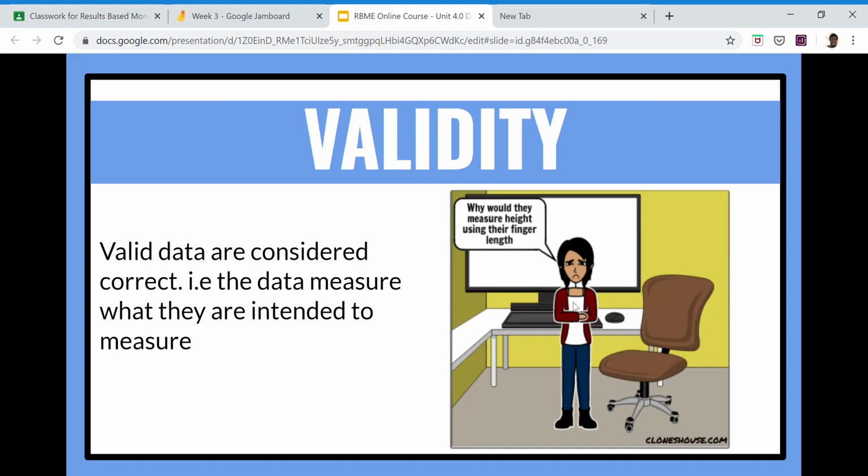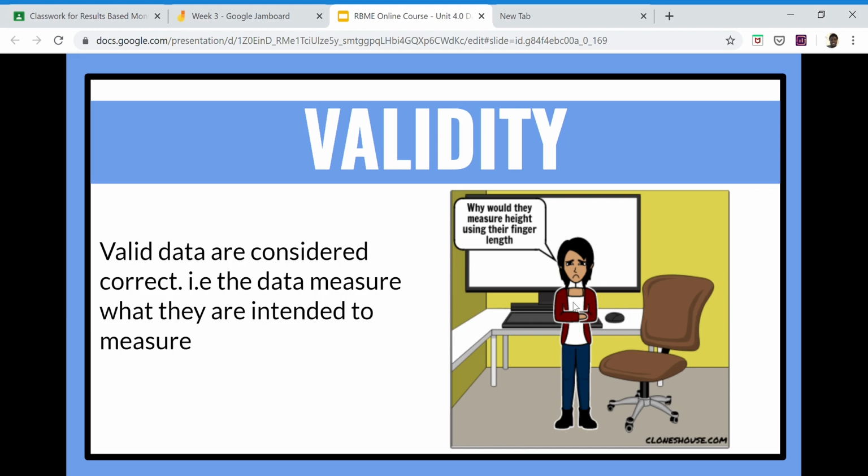So the validity. In week 4, we will be discussing internal validity and external validity of a design. And what that means really is about you being able to measure what you're supposed to measure with the right tool.